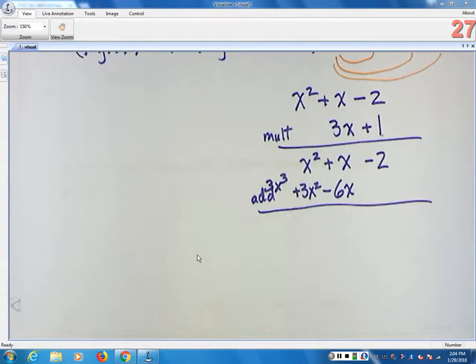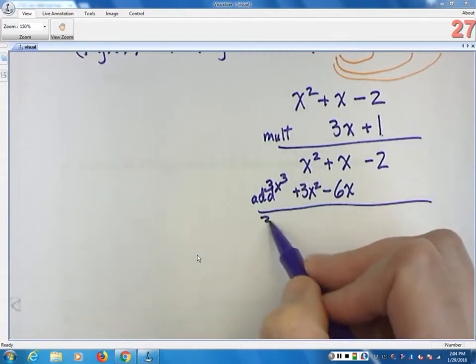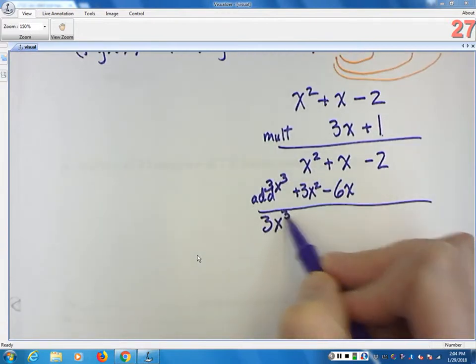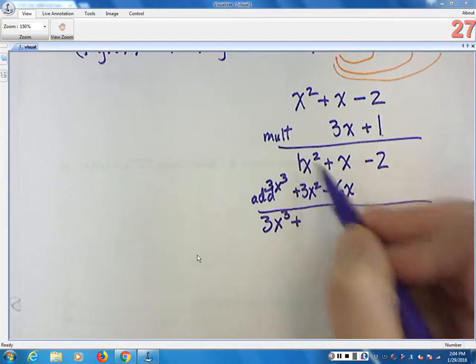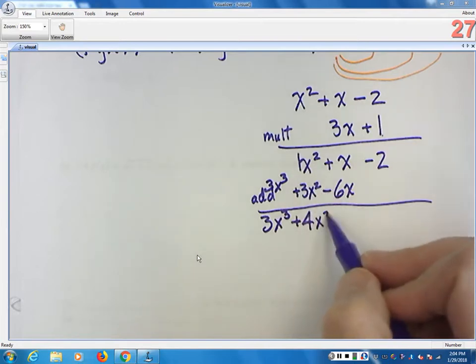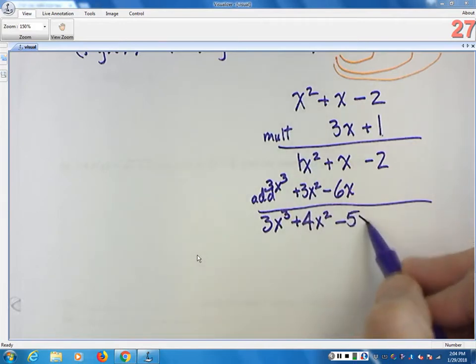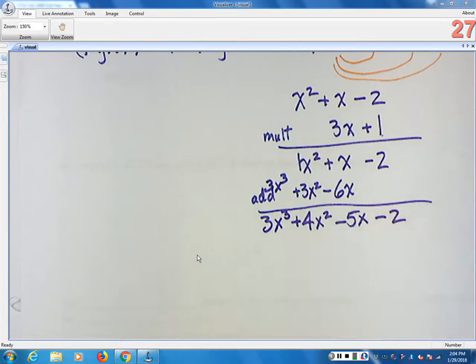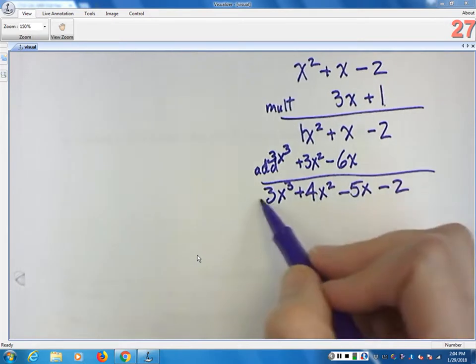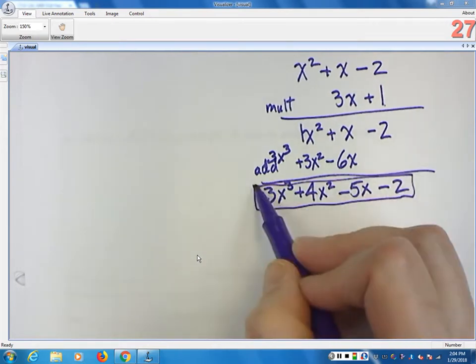See, it got in my way. So we add those now. 3x cubed plus 4x squared minus 5x minus 2. Okay, and that's our answer to f times g of x.